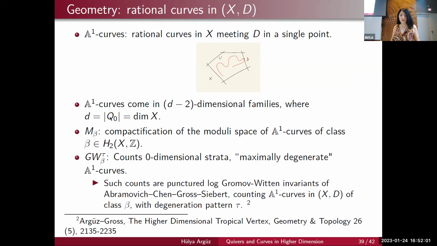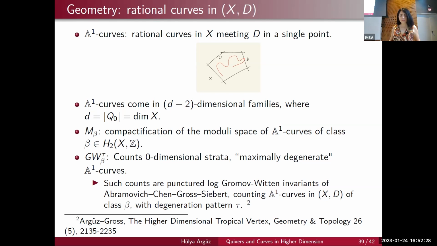So they are rational curves meeting D at a single point. These curves come in D-2 dimensional families, where D is the number of vertices. And we consider a compactification of the moduli space of all A1 curves of class beta. It turns out that this moduli space is of dimension D-2.